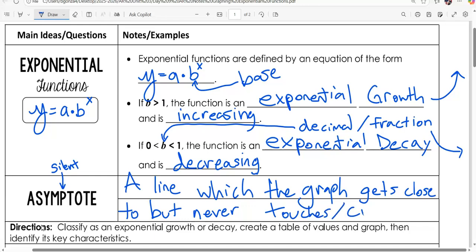So on these little pictures here, see how I have a dashed line that the graph doesn't touch? It gets closer and closer, but it never touches, right? Here's an example. What's half of 2?